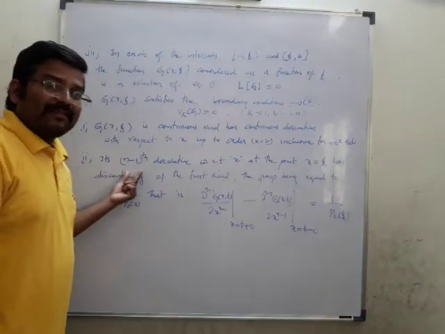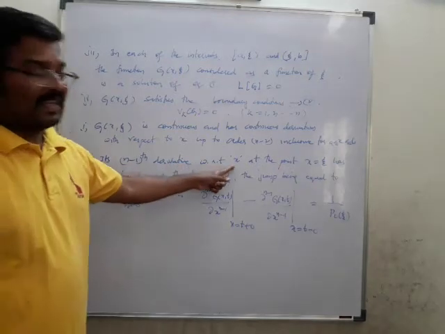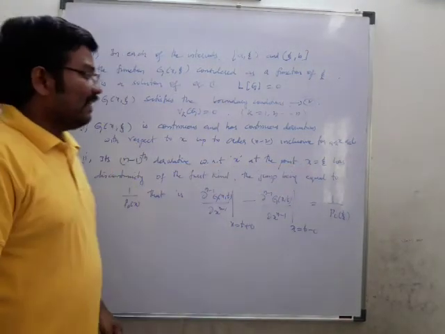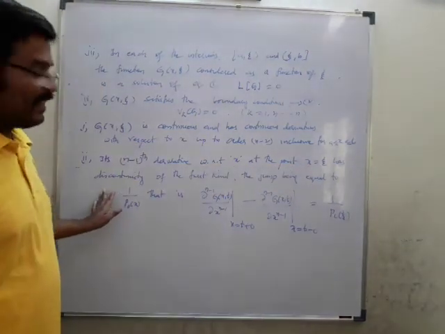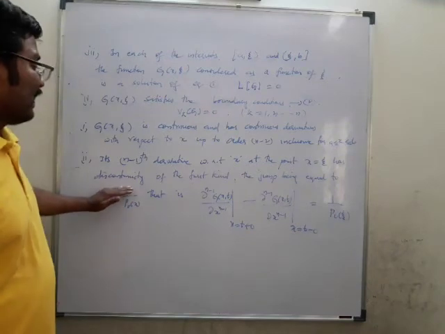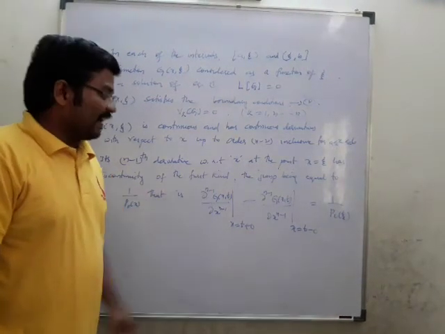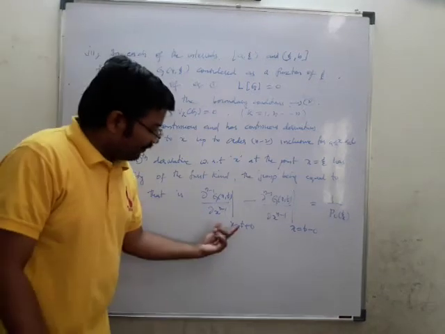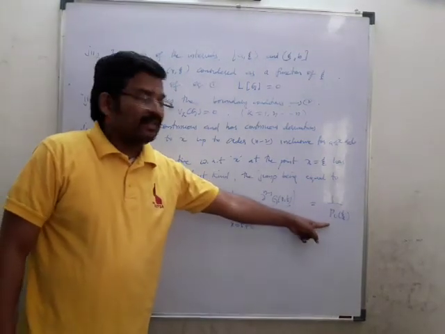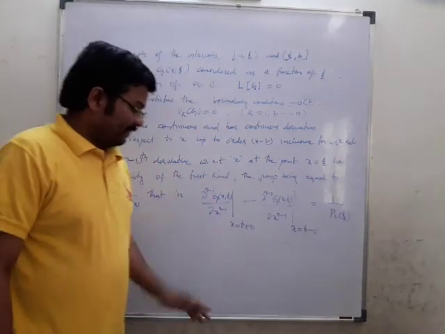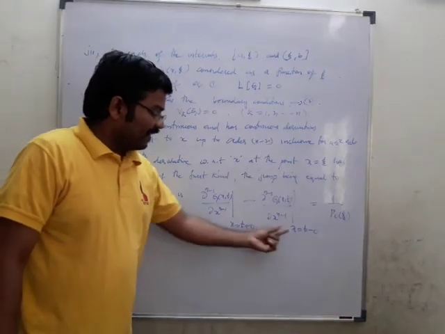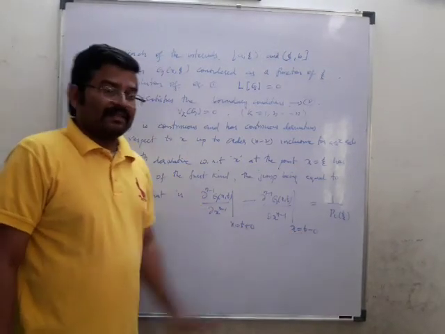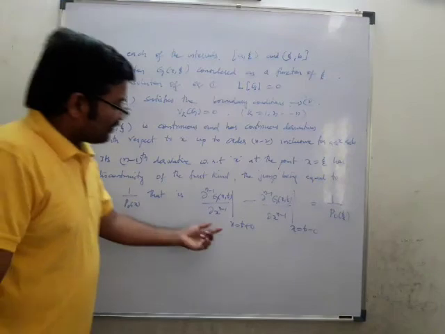And it should have an n minus 1 derivative with respect to x which, at the point x equal to xi, has a jump discontinuity of the first kind, and that jump must be equal to 1 by p naught of xi, between x equal to t plus 0 and x equal to t minus 0, the right and the left. Okay, so these are the two derivatives.